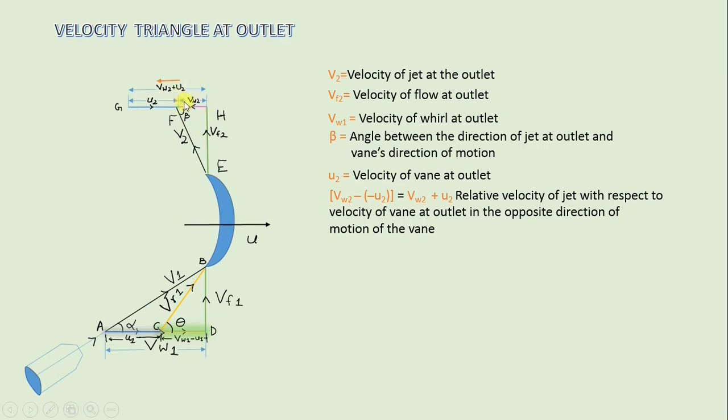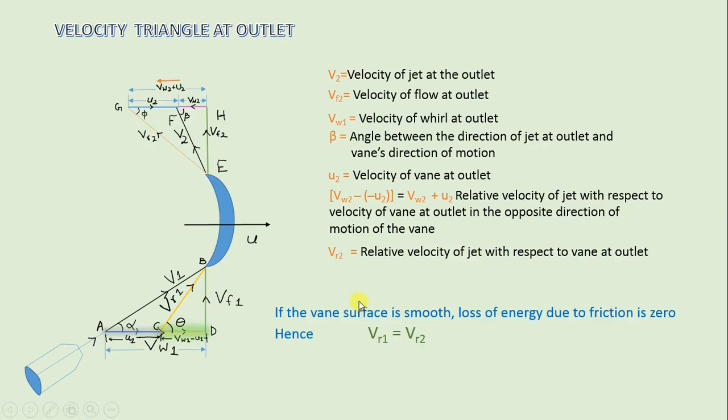If we calculate the resultant of these two components, VF2 and VW2 plus U2, then that will be VR2, the relative velocity of jet at outlet. The angle between VR2 and U2, or the angle between VW2 plus U2 and VR2, is phi. Phi is known as the vane angle at outlet.